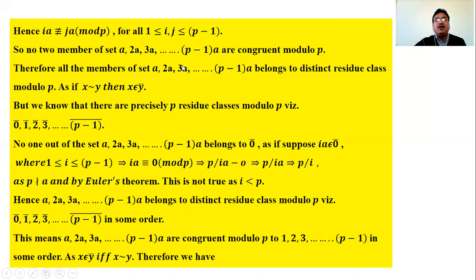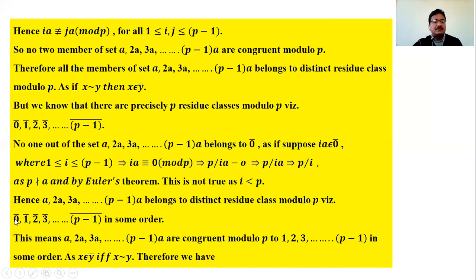Means all these belong to either 1 bar, 2 bar, 3 bar, up to P minus 1 bar. Hence A, 2A, 3A, up to P minus 1 times A belong to distinct residue classes modulo P, namely here remove this 0 bar, in some order.